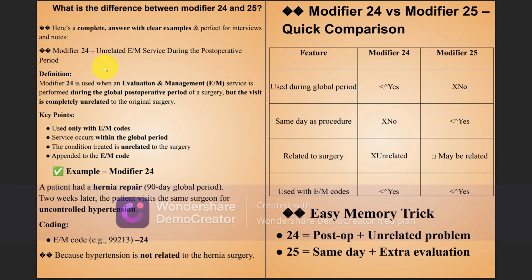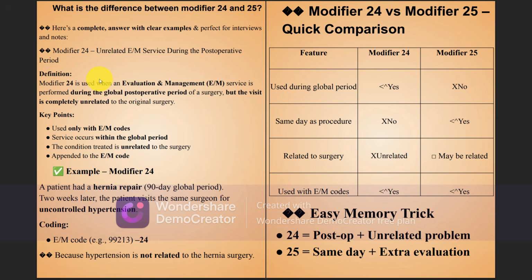What is the difference between 24 and 25 modifier? Here is the complete answer with a clear example, preferred for interview notes. 24 modifier: unrelated E&M service during the postoperative period.